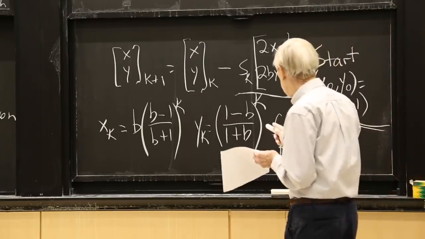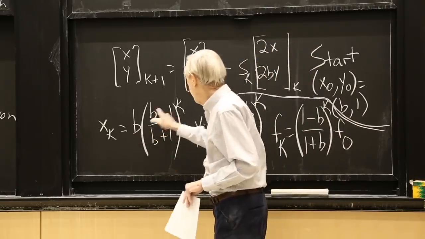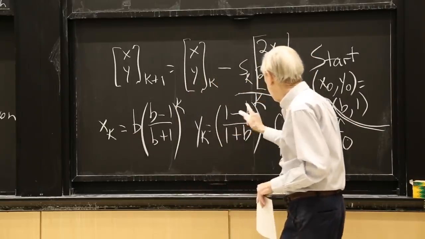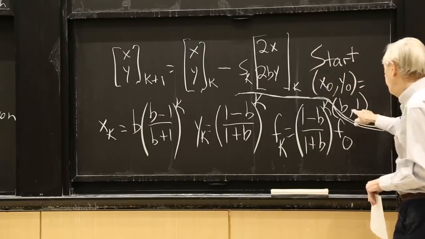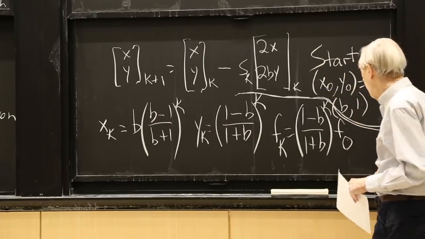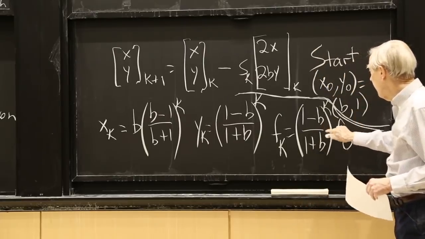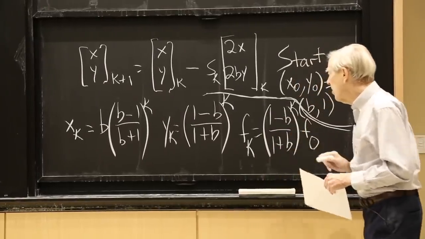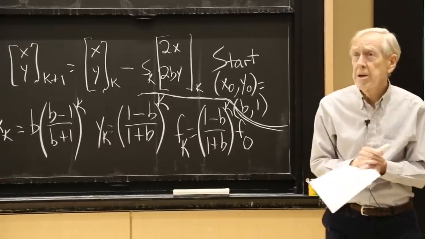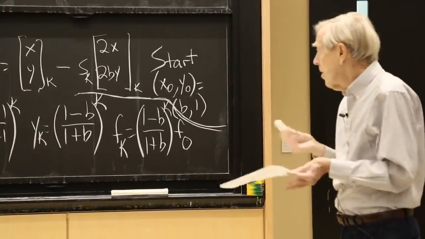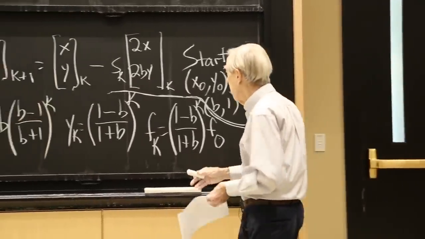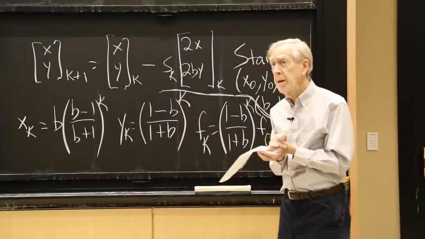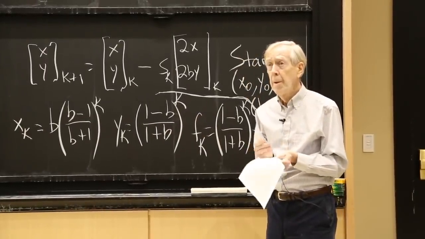Let's just see. At k equals 0, I have x_k equal b, y_k equal 1, starting at b, 1, and that tells me the rate of decrease of the function. It's this same ratio. So what am I learning from this example? What's jumping out is that this ratio, 1 minus b over 1 plus b, is crucial.